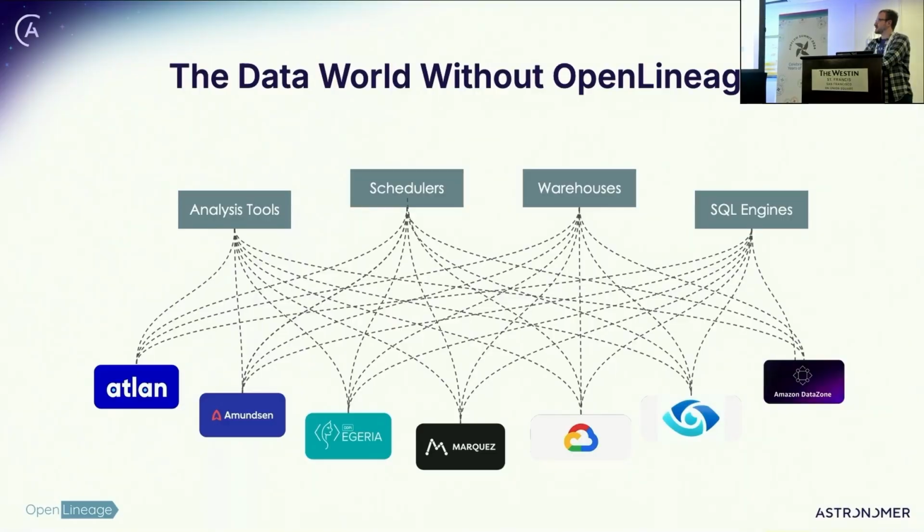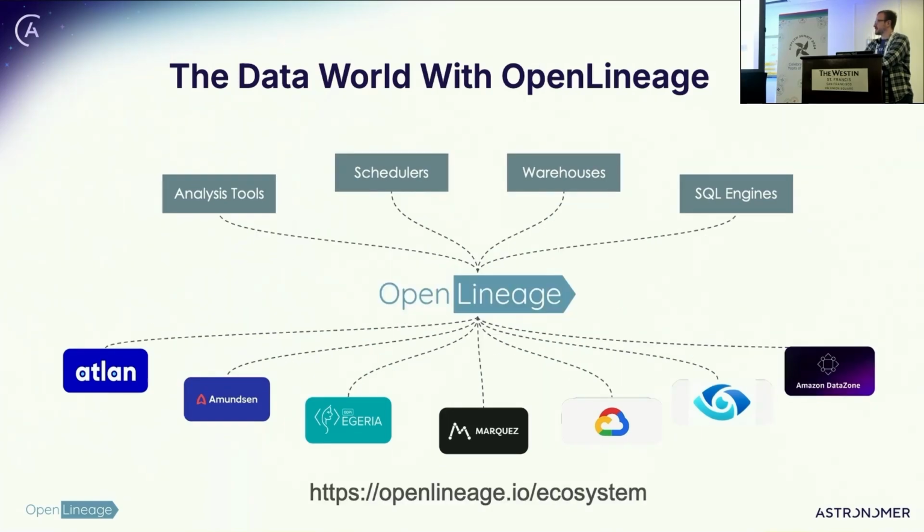Basically the idea is to connect all the producers of lineage, so all the schedulers, warehouses, SQL engines, to the possible consumers of lineage, so data governance tools, data observability. And so the idea is to have common standards between those.